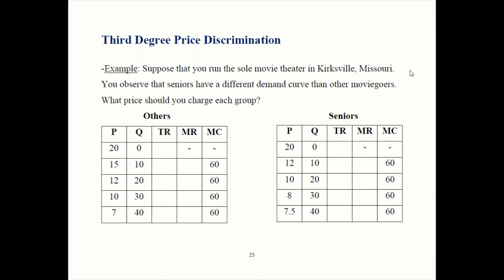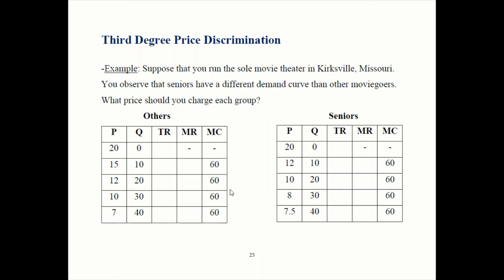Let's say you're in charge of running this movie theater, and we're looking at what's the right senior discount to charge. So you estimate demand for each category. Seniors have this demand curve, and other folks have this demand curve. As I mentioned earlier, seniors often have a lower willingness to pay.